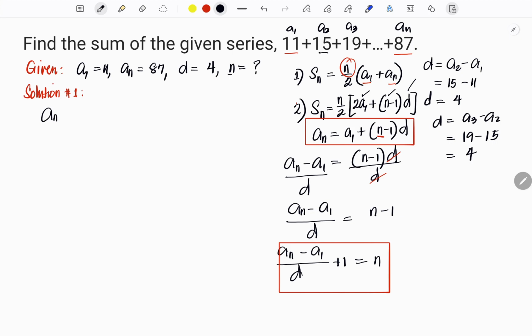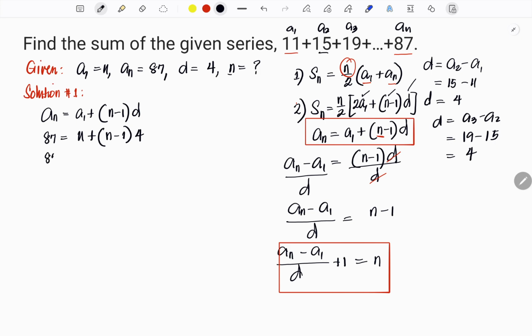So a sub n is equal to a sub 1 plus the quantity n minus 1 times d. And 87 is our last term, a sub n. Our a sub 1 is 11 plus n minus 1, since n is unknown, and d, which is 4, as our common difference.